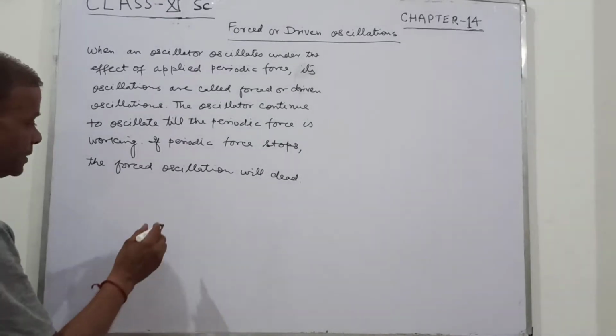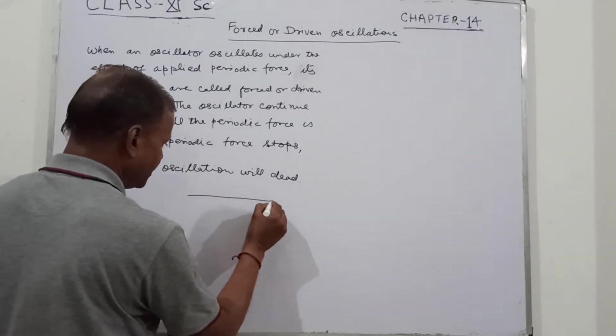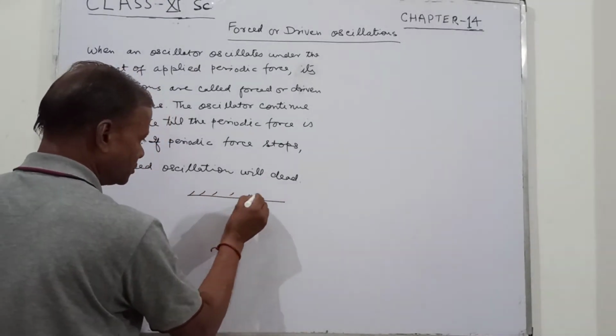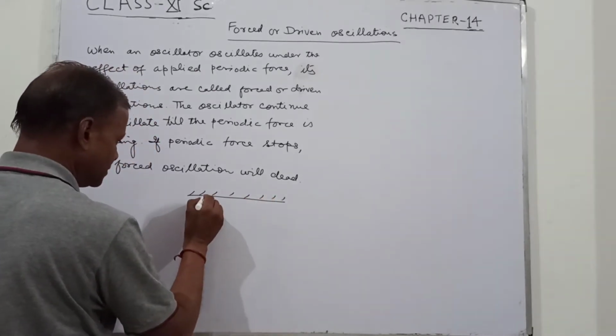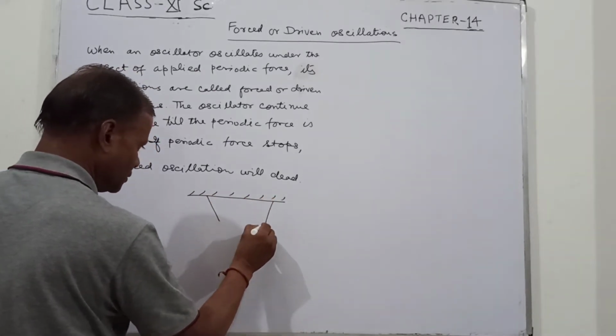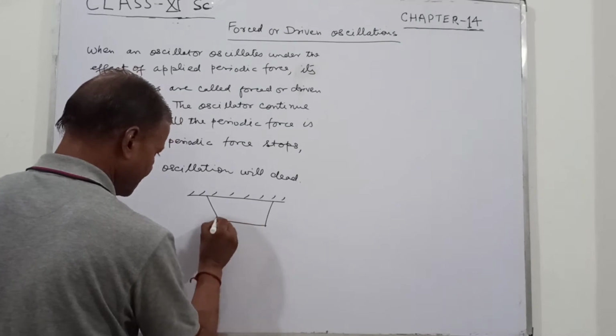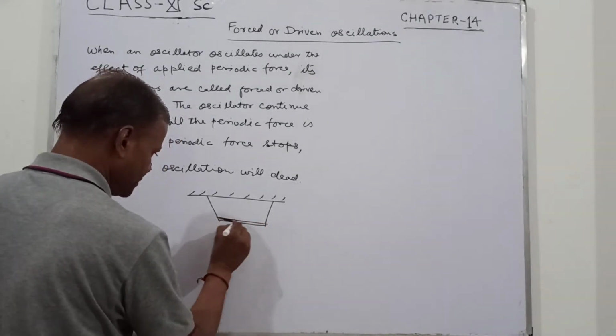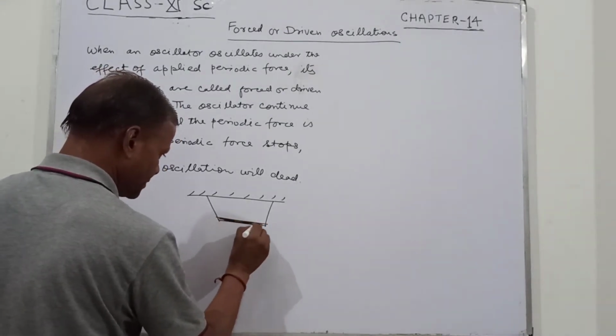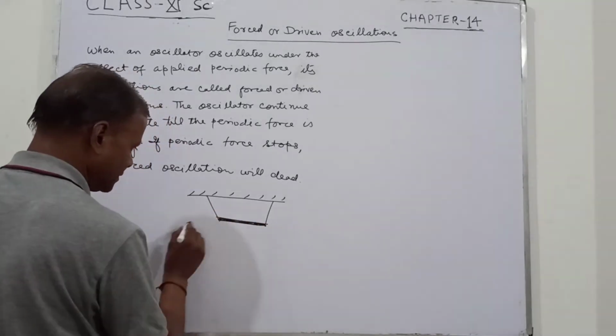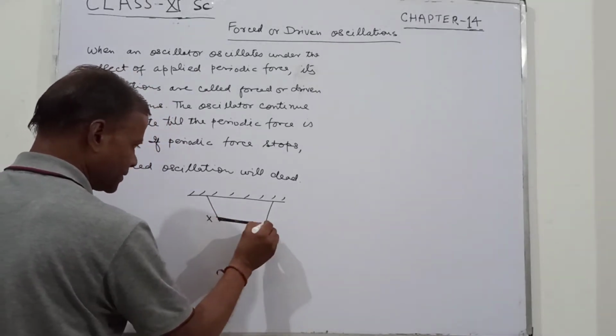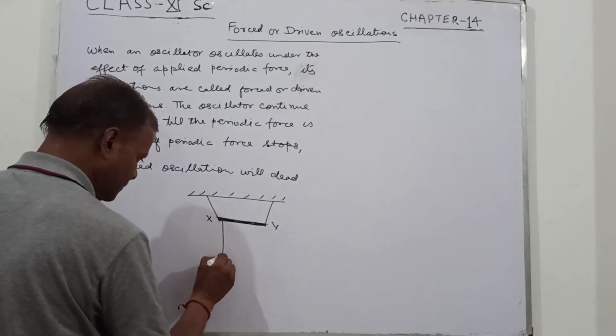So now we can have an example of this one. Suppose we have this support, and these are two strings here. This is a strip, XY, and it has a pendulum.